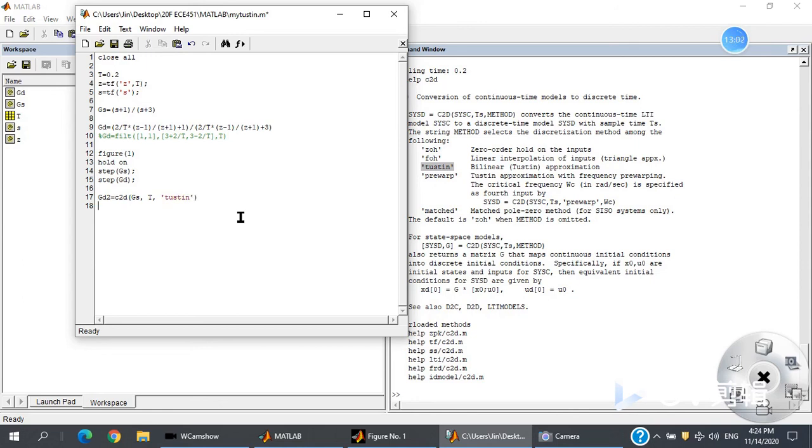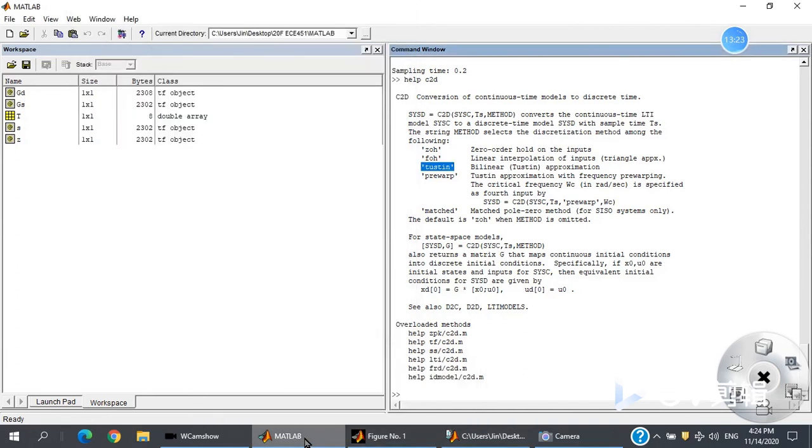Alright, and we can see the step of GD2. This should show nothing new, because it's the same curve as the previous one, so you can't find it. They are totally the same. Okay, run this.